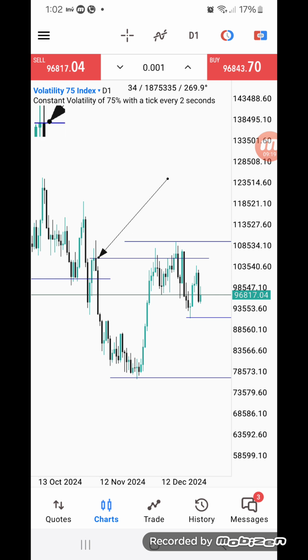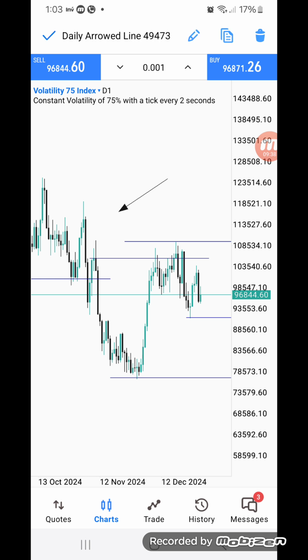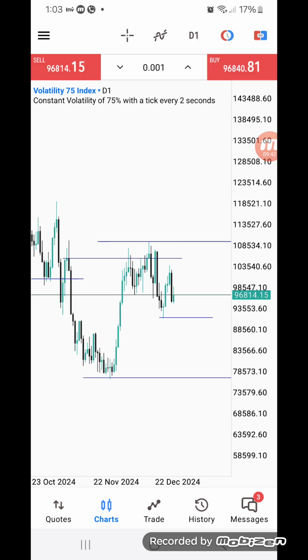You can see the market reacted at this point, and also at this area here, and on the other side it reacted around that point. So this is a very clean rejection block, and now it's a very nice point of interest.